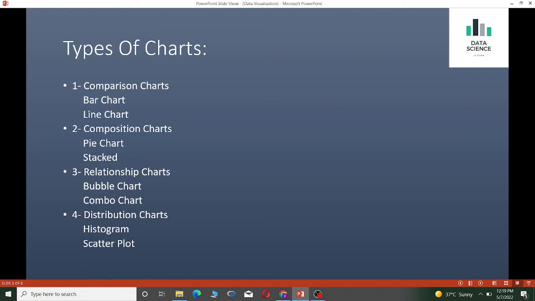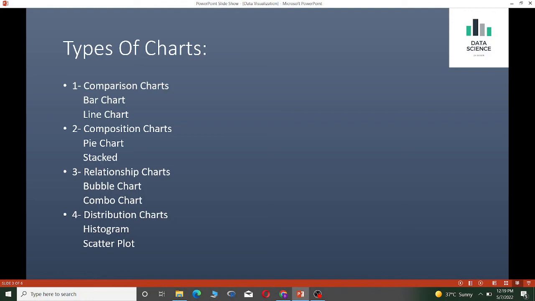Generally, in a broader way, a scatter plot is used to detect relationships between two quantitative variables only, but it is a distribution chart. So it does not mean that a scatter plot will tell you only distribution, or a line chart will tell you only comparison. Even the line chart can tell you the relationship. It is just a broader way of categorizing, nothing more than that.